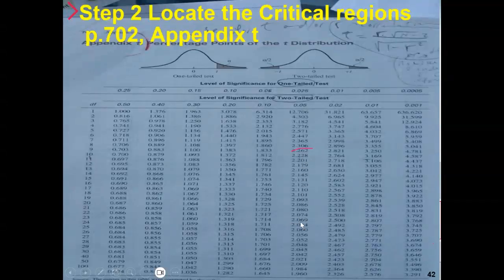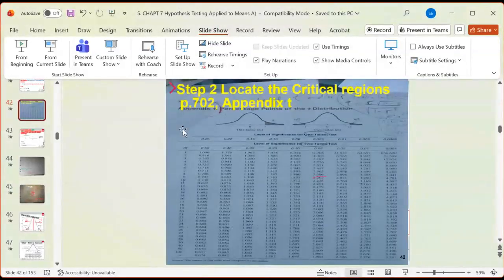You see that red line? You go down all the way. Let me see if I can see that page. 24, 24. I have, yes, 2.064. You can see it, 2.064. Let me just highlight it for you so you can see it too.